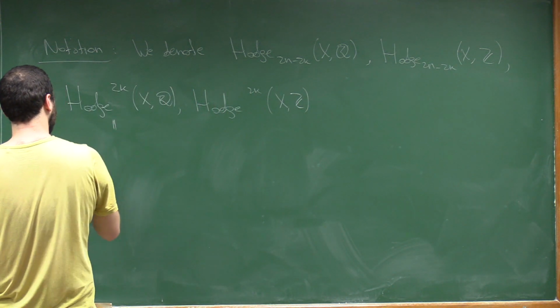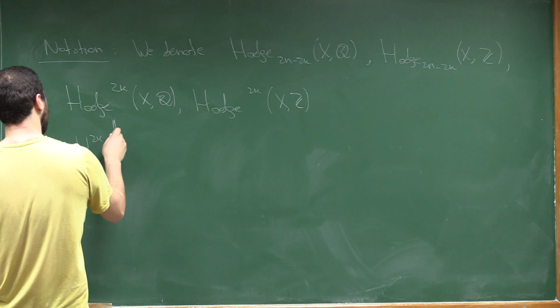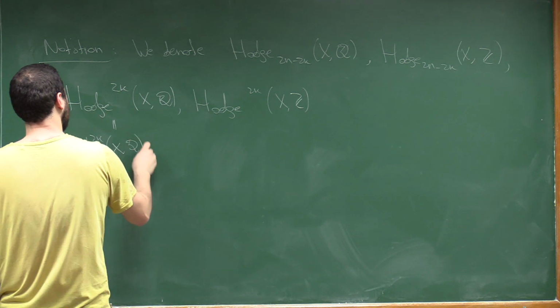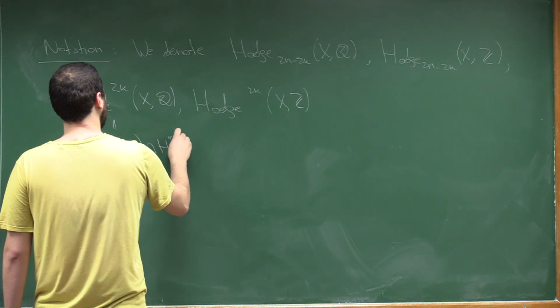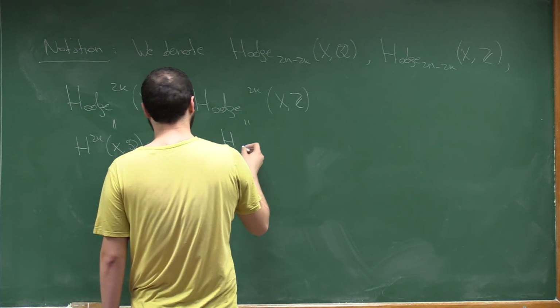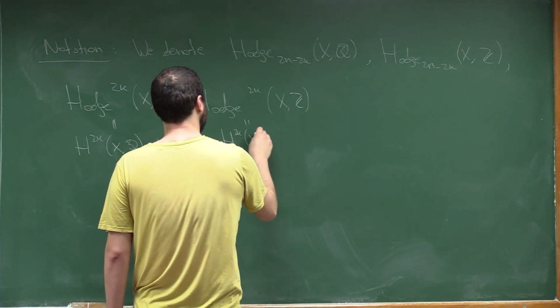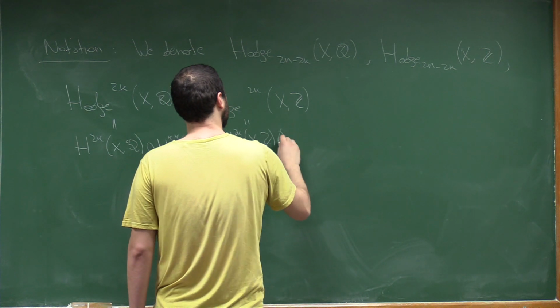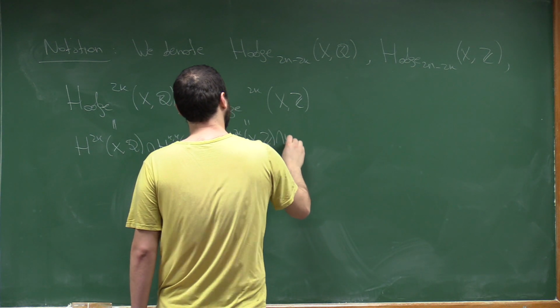This will be equal to H^{2k}(X,Q) intersected with H^{k,k}, and H^{2k}(X,Z) intersected with H^{k,k}.